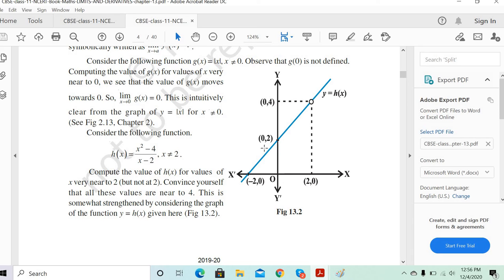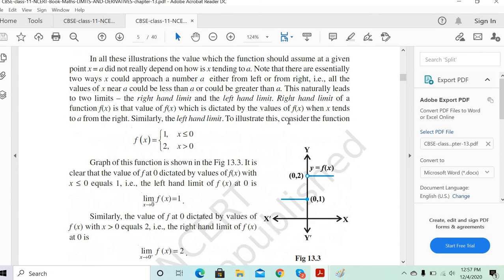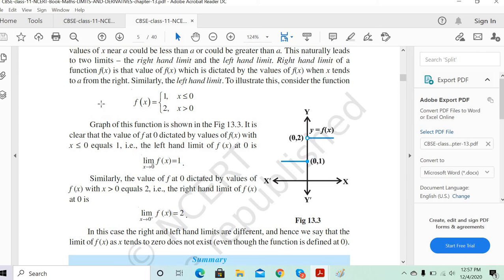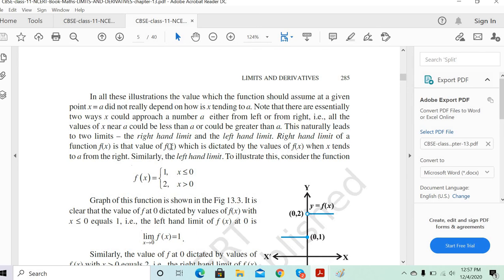You don't know what the value will be. After 2 it is fine, it is going as a straight line. Below 2 also it is going as a straight line. But at 2, it's totally uncertain, because it's 0 by 0, undefined. That's why I represent it with the empty circle. Clear? Yes, sir.